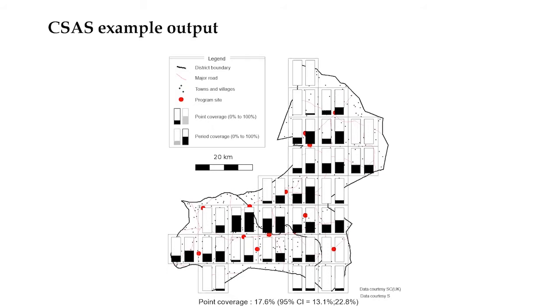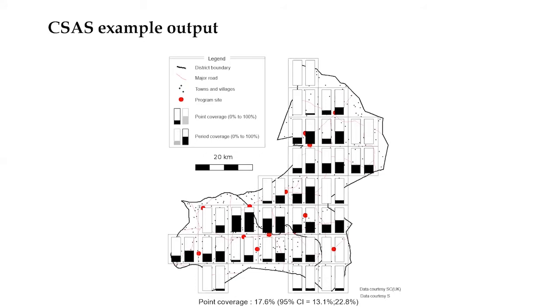And we can see here that we don't have spatial homogeneity. If we'd just done a survey of the entire program area, we'd have got an answer of something like 18% coverage for point coverage. And we know that 18% coverage is not particularly good coverage.